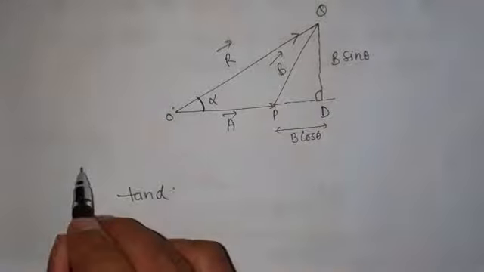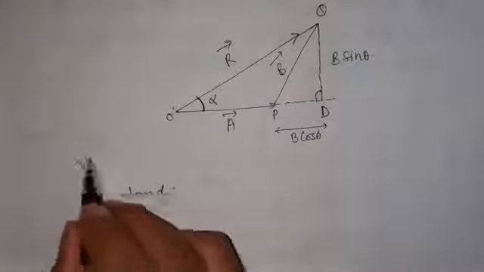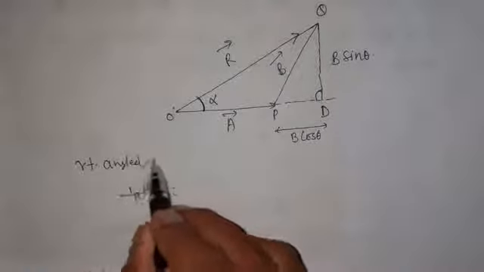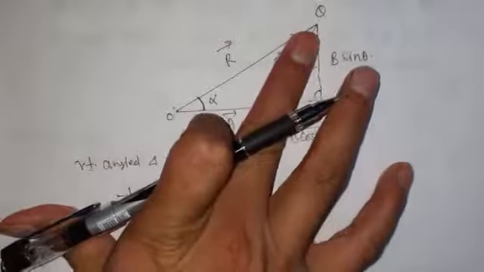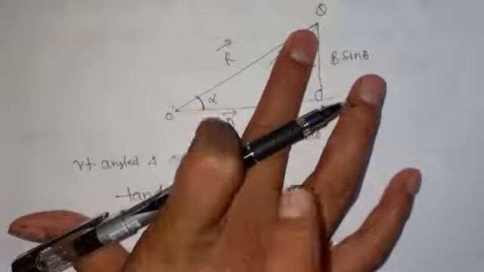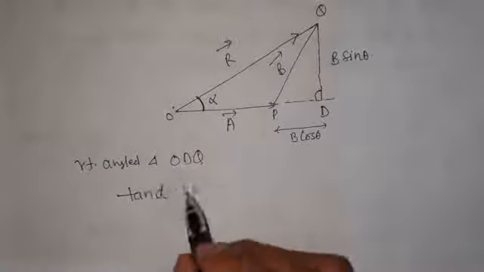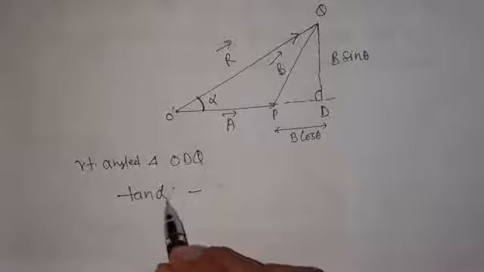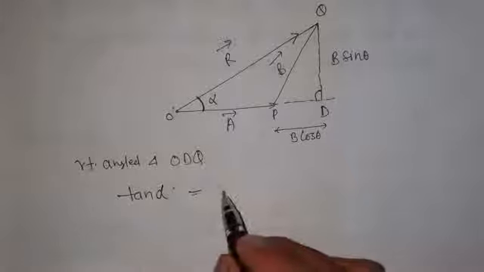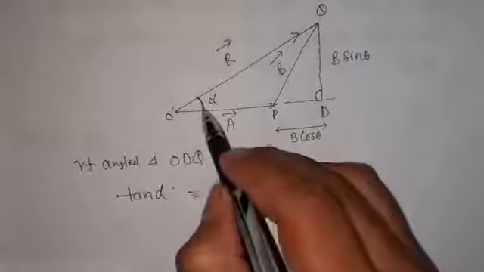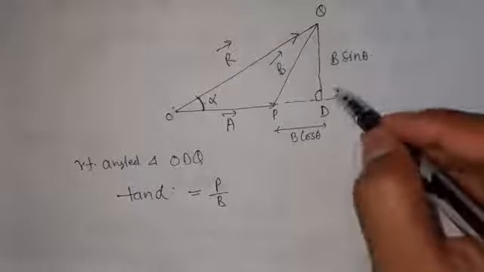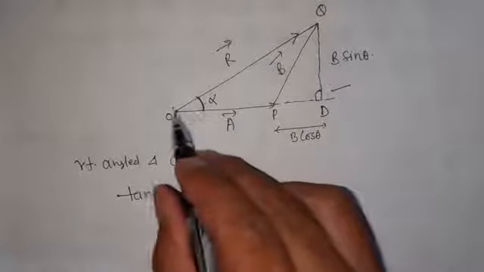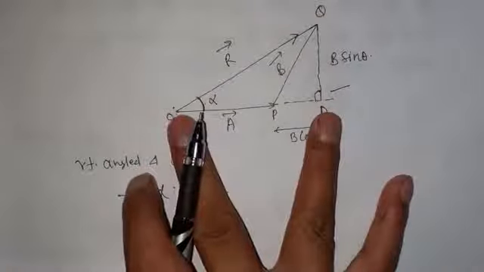Now you will find that there is a right angle triangle, and this right angled triangle is ODQ. Just put your finger on this one, so the rest is going to be a right angled triangle. Okay, so in this right angle triangle, tan alpha is given by perpendicular upon base. The angle is this one, in front of the angle there is the perpendicular, so this QD is going to act as perpendicular, and that OD is going to behave as base.